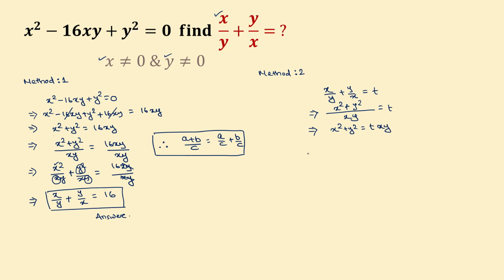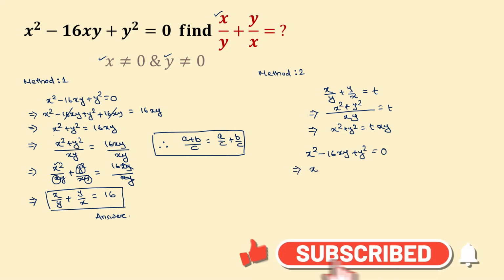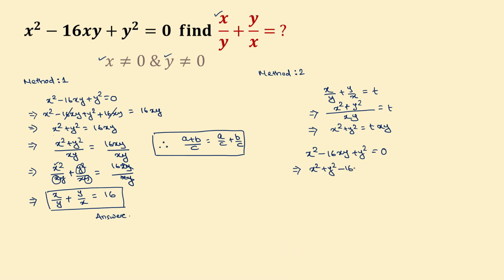Now the original equation is x square minus 16xy plus y square is equal to 0. So we can simply write this as x square plus y square minus 16xy is equal to 0. From this equation we know the value of x square plus y square is equal to txy.